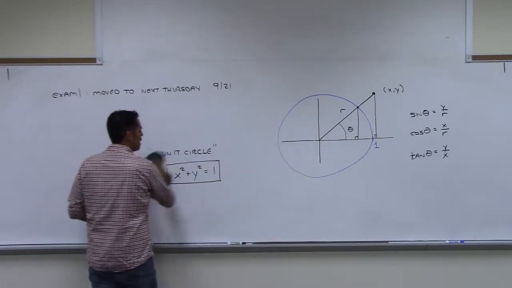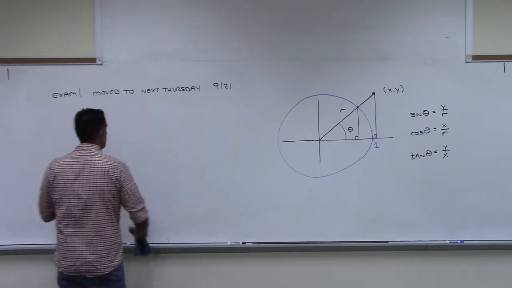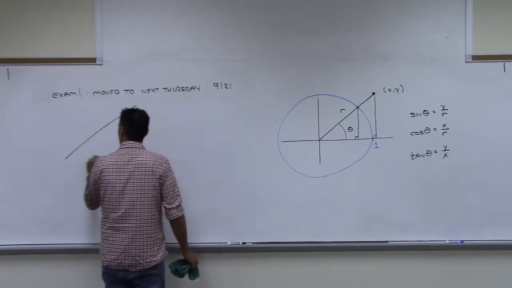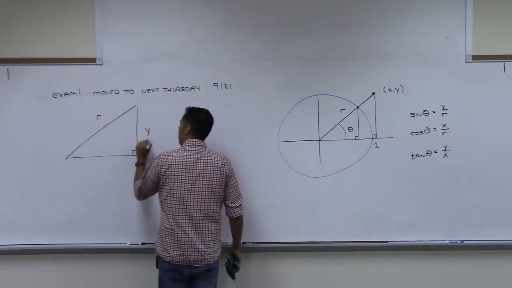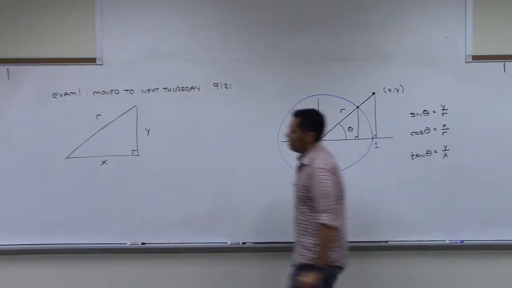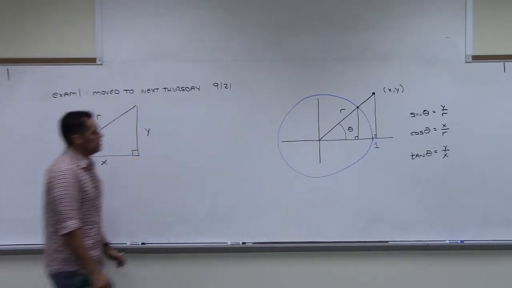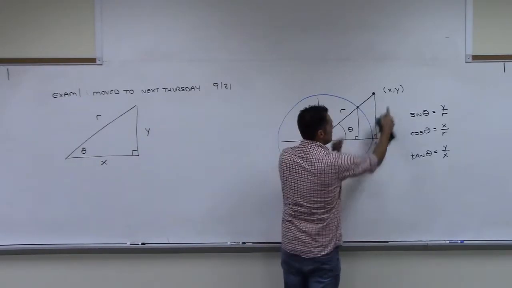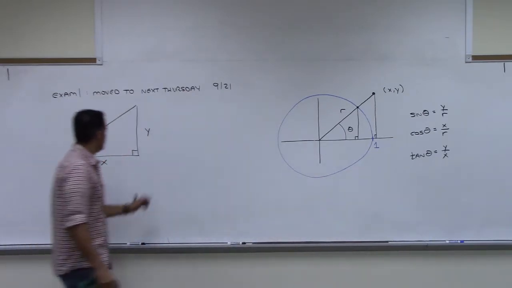We have, I guess, a bigger triangle and a smaller triangle, right? Okay, so I'll draw the bigger one first. This is R, this is Y, this is X. Do you agree? And theta's in here, sorry. Like that. That's our bigger triangle. Because this side is X, this side is Y, because that's how we get to that point. Now I'm going to draw the smaller triangle.